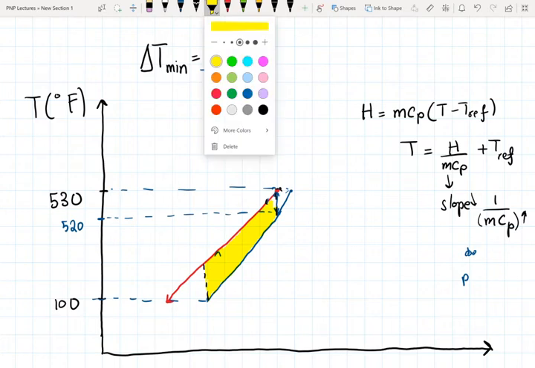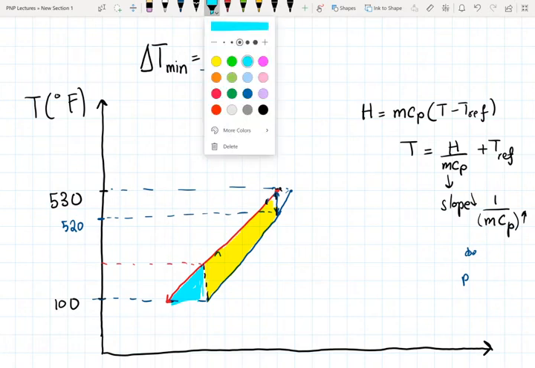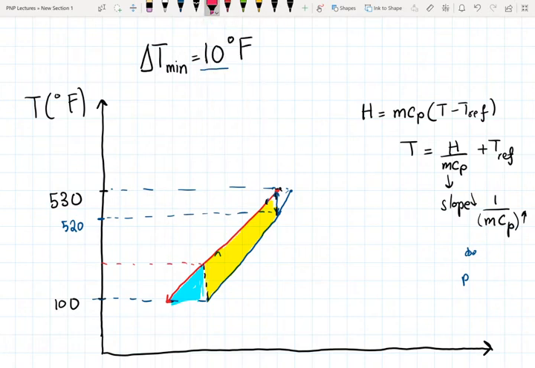The blue region is going to represent the cooling requirement, because we still have to cool this stream down from this intermediate temperature all the way to 100. And red on the other side is going to represent the heating requirement, because we still need to heat up this cold stream from 520 all the way to 530, and we're not exchanging heat within that zone.